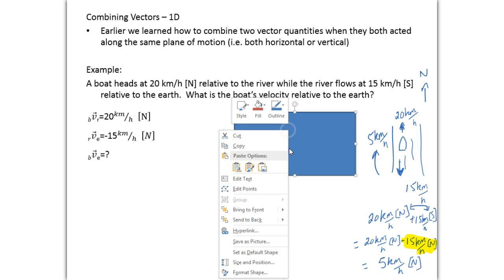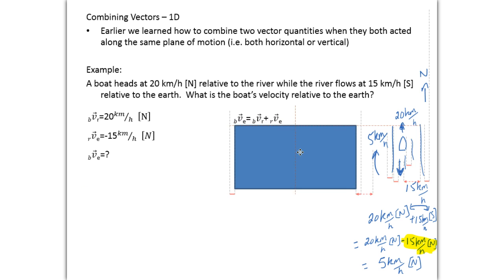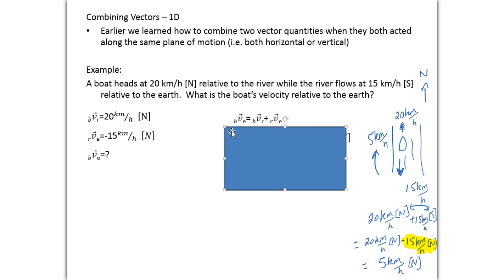If we look at our equation, we would have set this up: the velocity of the boat with respect to the Earth. What you are asked to do is take the B and the E and space them out. The B goes in front and the E goes behind.